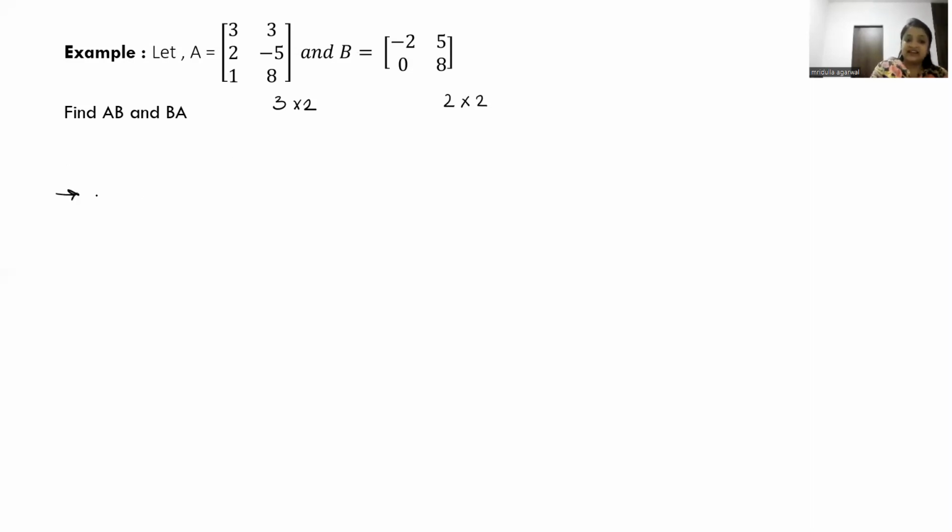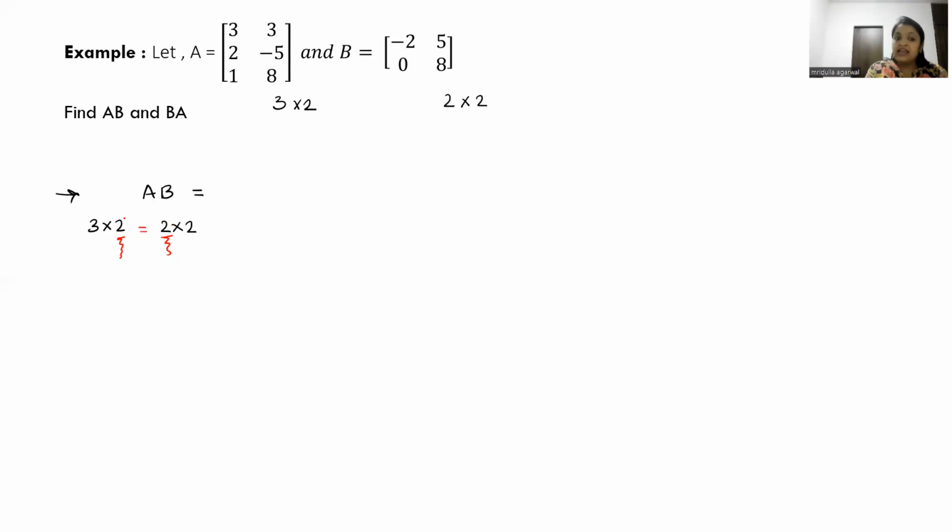Let us check, does A into B exist first? As we know, the dimension of A is 3 cross 2 and for B, it is 2 cross 2. The rule says the side-by-side numbers should be equal, just keep that in mind.